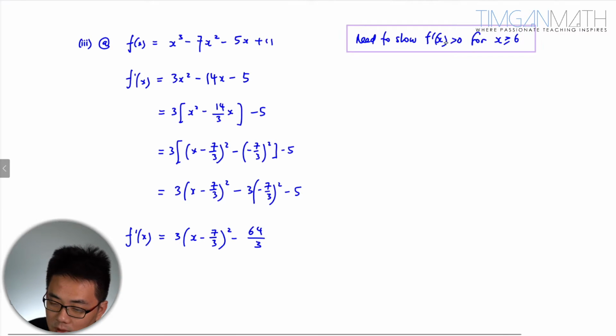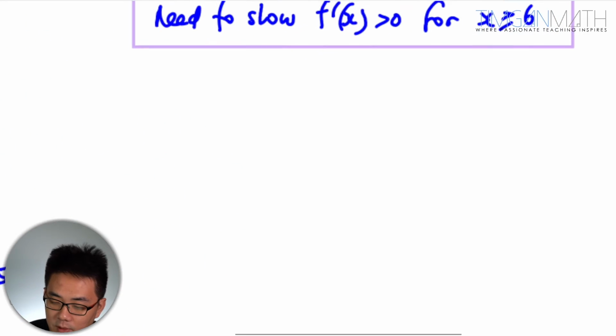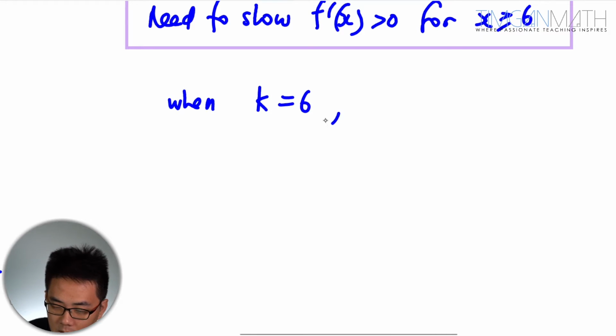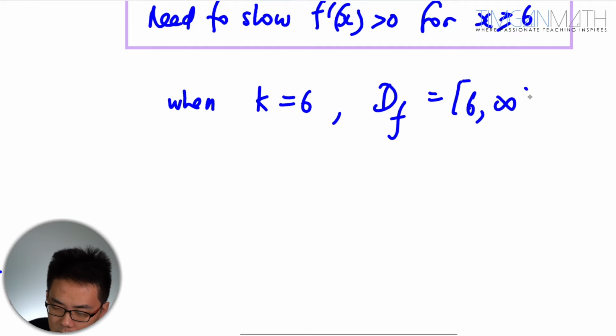This is not really part of the working, but you can write it. For when k equals 6, the domain of f becomes 6 to infinity. Hence x is bigger than 6.